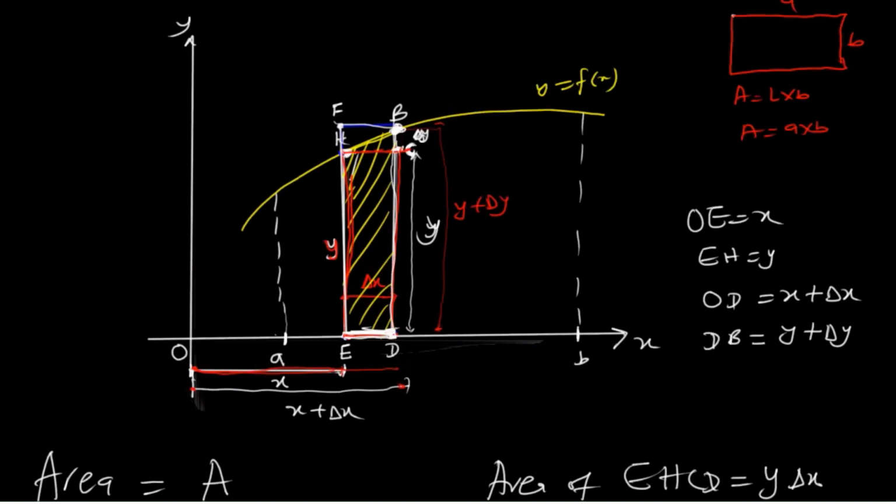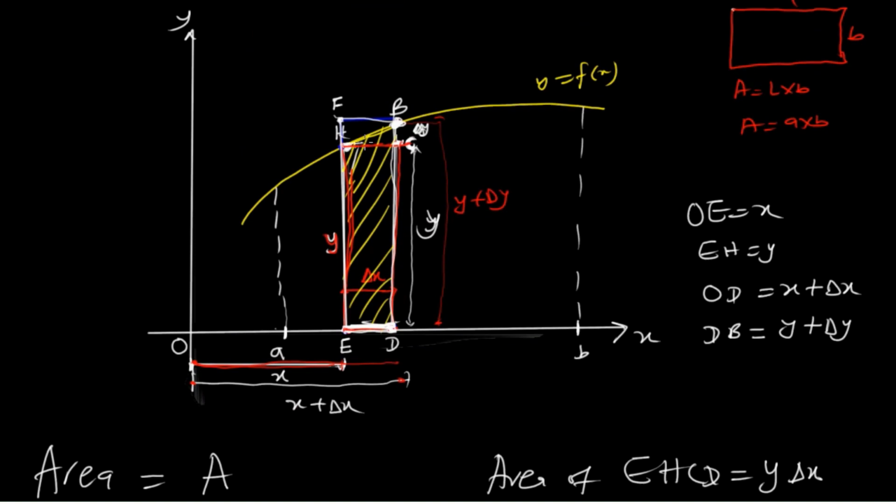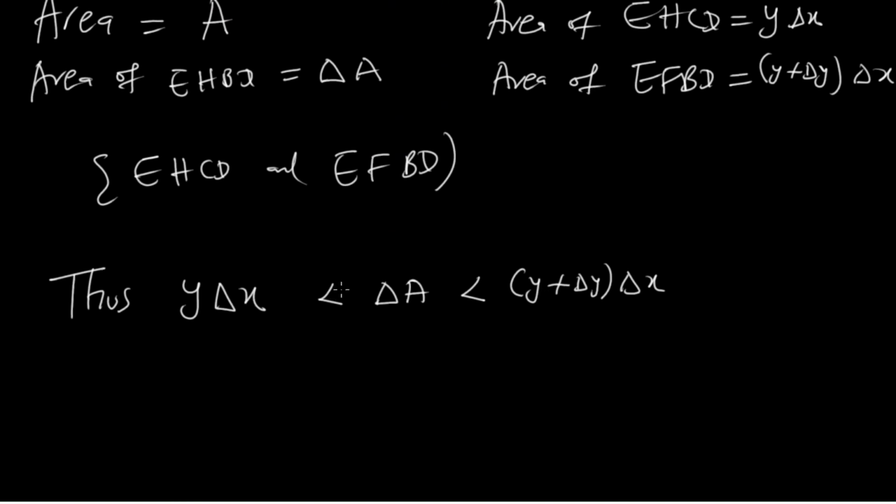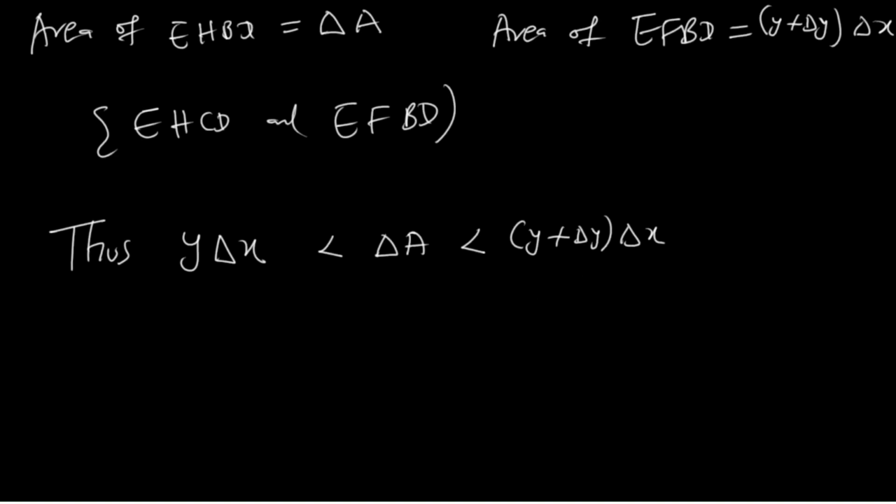What we are saying is that the area of EHCD is less than the area bounded by the shaded part, and this is also less than the area of the big rectangle EFBD. So y dx is less than dA is less than y plus dy dx.